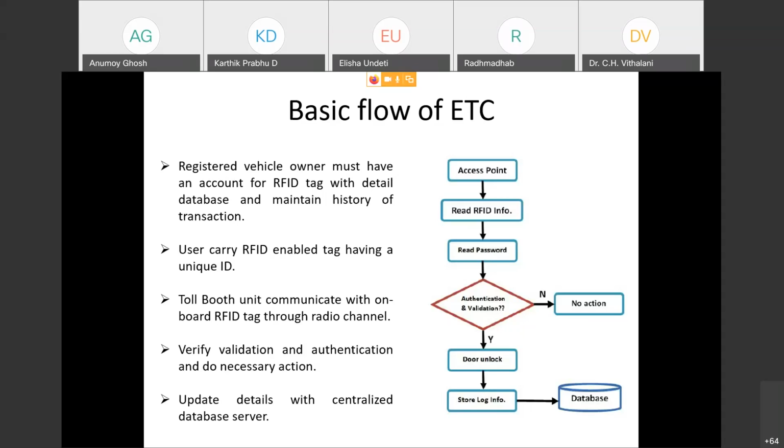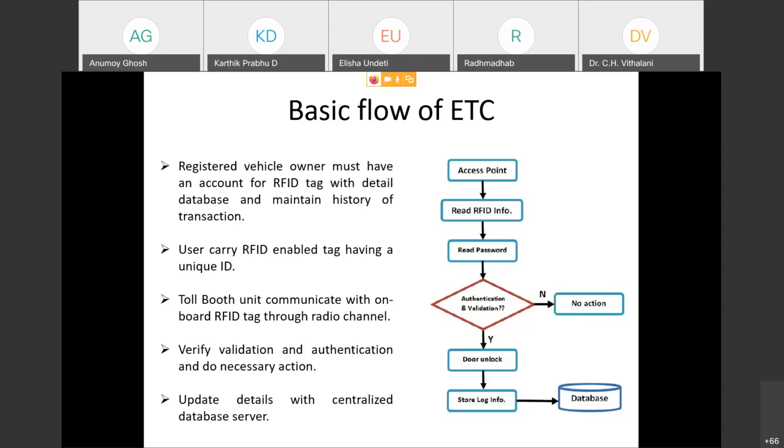As you know, an RFID tag comes with a maximum of 64 kilobytes of memory, and in city cases the database of vehicles is very large, so it may not be possible for one reader to undergo both processes. That is why the processes are divided among two readers.